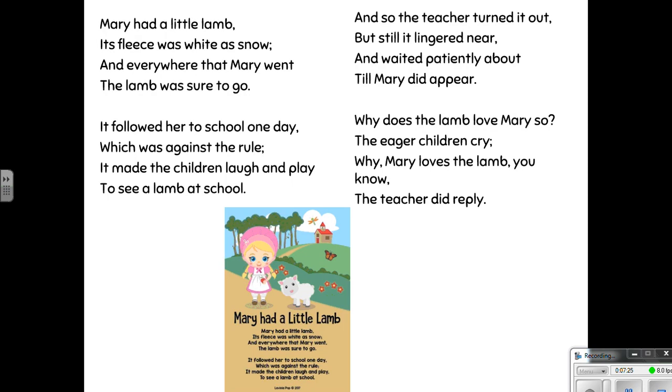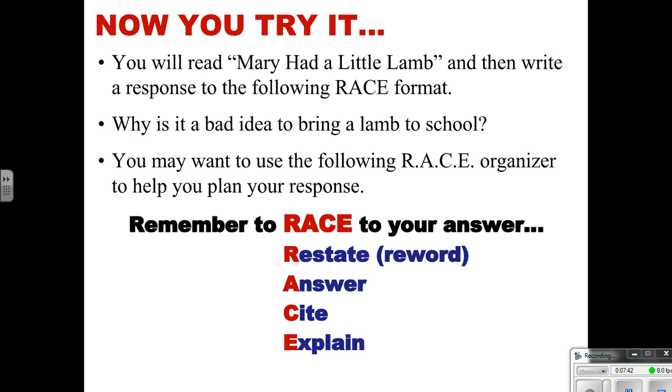So let's look at it. Here is your text. Now, let's go back to your topic. Why is it a bad idea to bring a lamb to school?